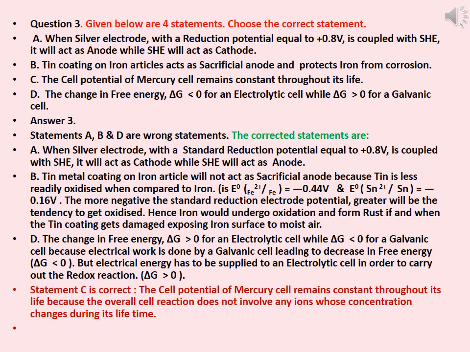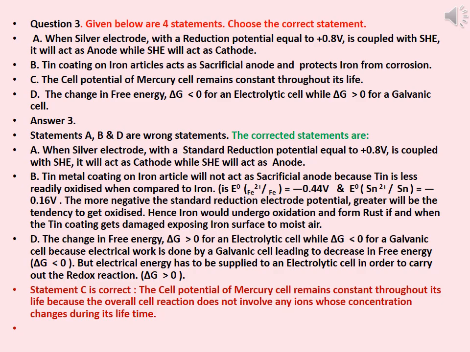Question number 3. Given below are 4 statements. Choose the correct statement. A. When a silver electrode with a standard reduction electrode potential equal to plus 0.8 volt is coupled with SHE, the standard hydrogen electrode, it will act as anode while SHE will act as cathode.